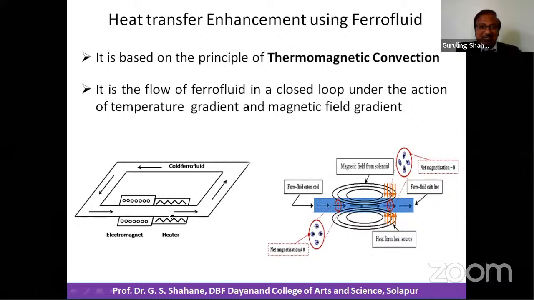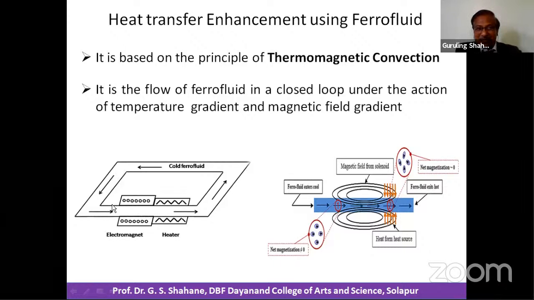Now the region near this magnet attracts the ferrofluid from this side, which is cold. So this hot ferrofluid is replaced by this cold one.